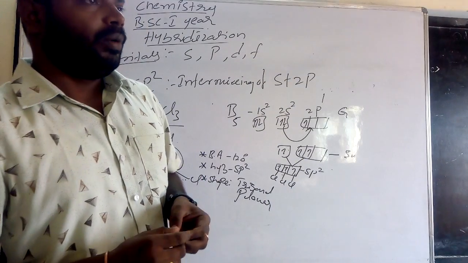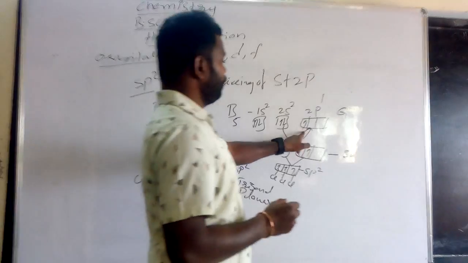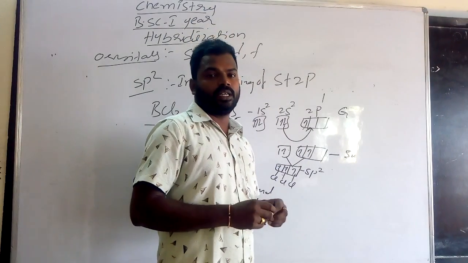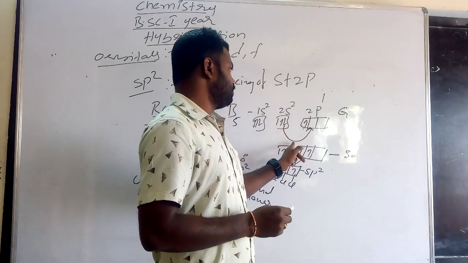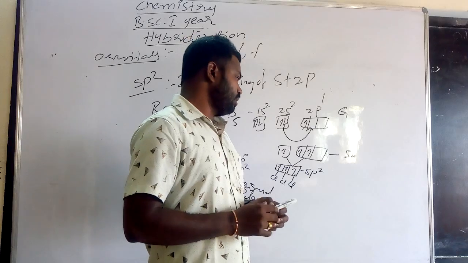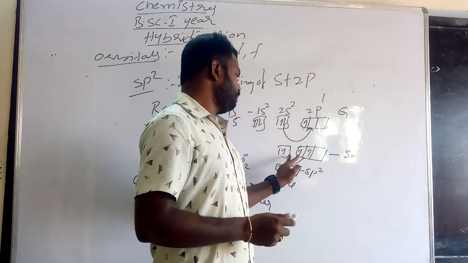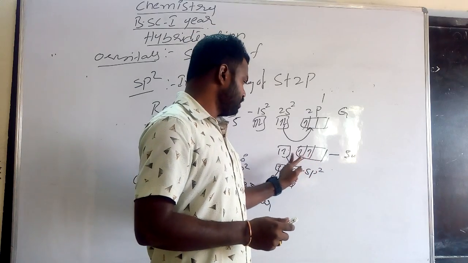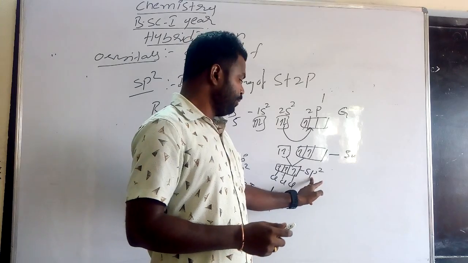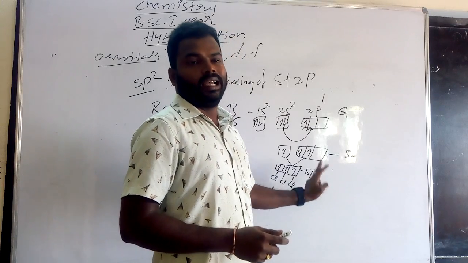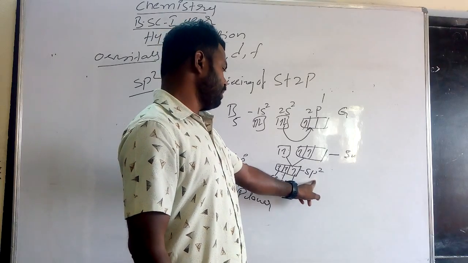Every boron atom reacts with three chlorines, so we want 3 unpaired electrons in boron, but only 1 unpaired electron in the ground state electron configuration of boron. So now this electron jumps from the s orbital to the p orbital. At the excited state of boron, 3 unpaired electrons. Now one s orbital and two p orbitals are combined to give new equivalent hybrid orbitals, called sp2 hybrid orbitals.